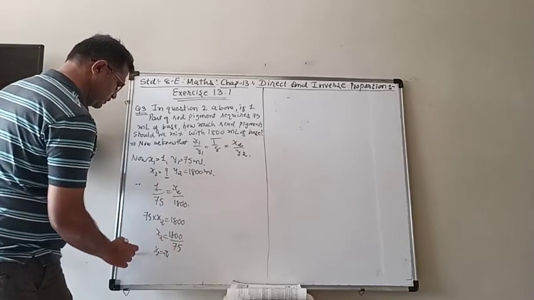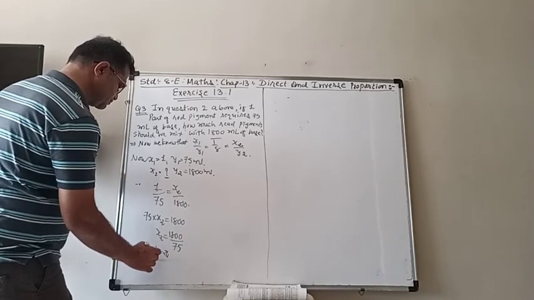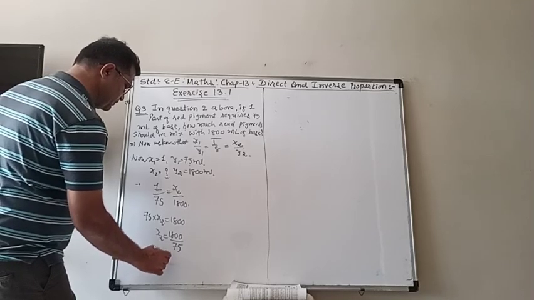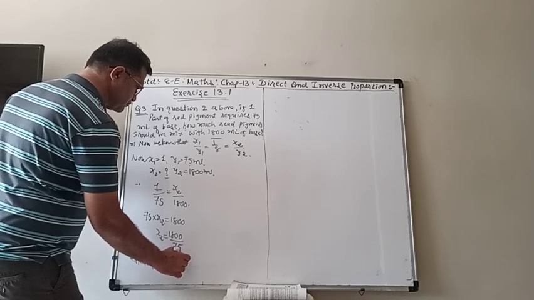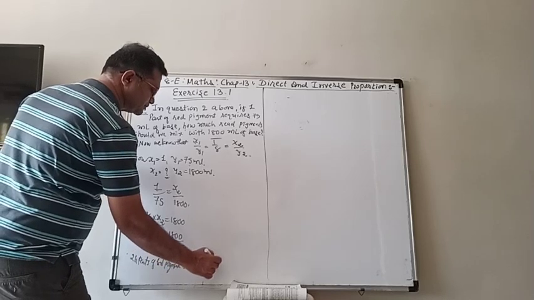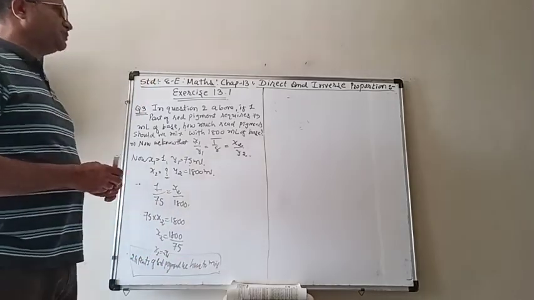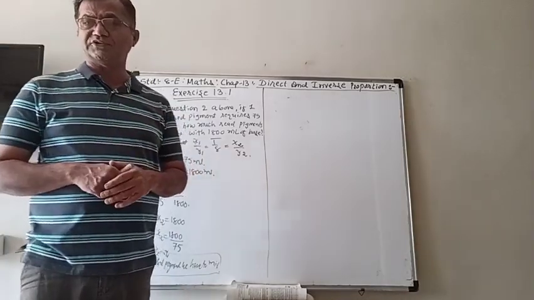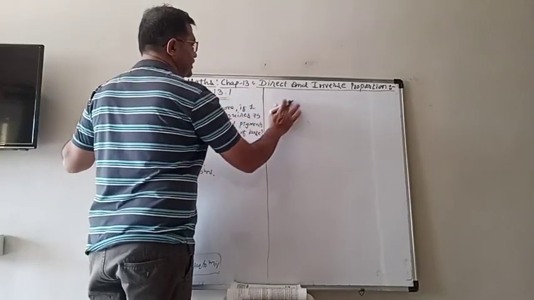Therefore, 24 parts of red pigments we have to mix. So now we know the relation of the direct proportion. We can easily find out the required answer.